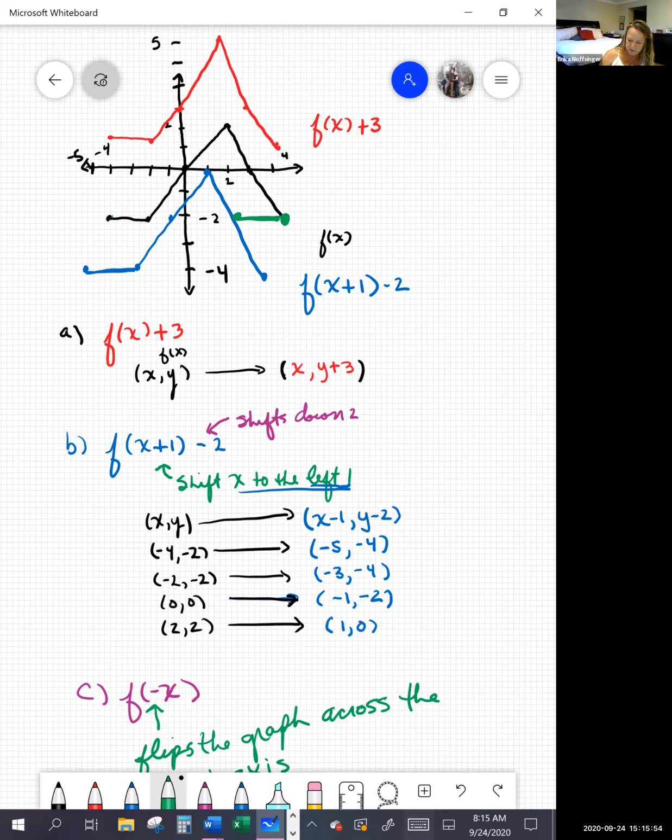There's a horizontal line in between it. This point at the origin is still at the origin, right? Changing 0 doesn't do anything. And this point here that was at 2, 2, just change our x sign, that's going to be at -2, 2.